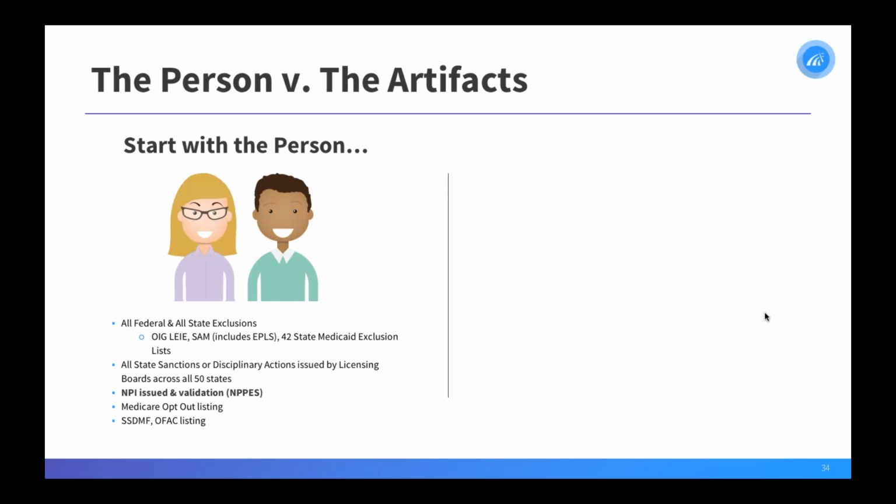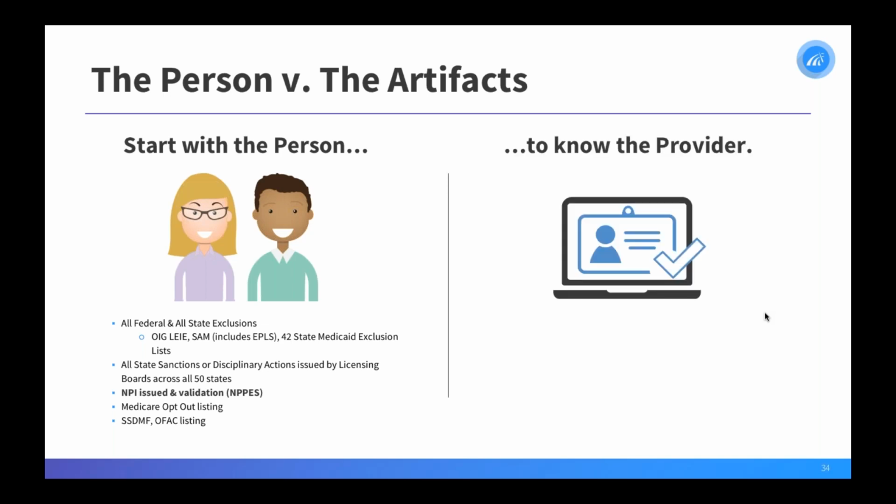State sanctions or disciplinary actions issued by licensing boards are associated with a person, not a thing or an NPI number. An NPI is issued to a person, certainly a company as well, but a person in this case. Medicare opt-out is associated with a person. SSDMF, OFAC listing, things like that are associated with people.